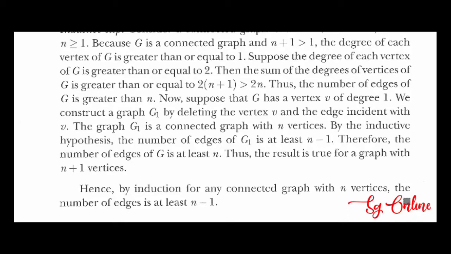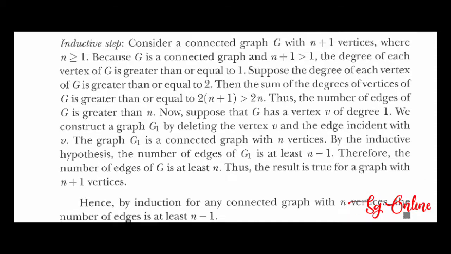Since only one edge and one vertex are deleted, the new graph has n vertices, and then by the induction hypothesis there are at least n minus 1 edges, and with the edge deleted this gives us in the original graph at least n edges. And so this completes the induction, and the result is proved that every n vertex connected graph has at least n minus 1 edges.